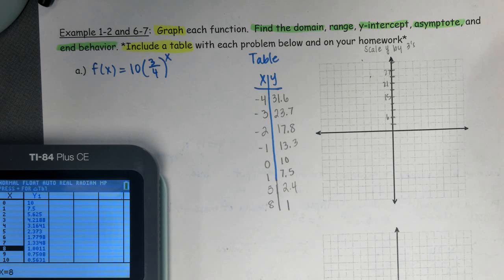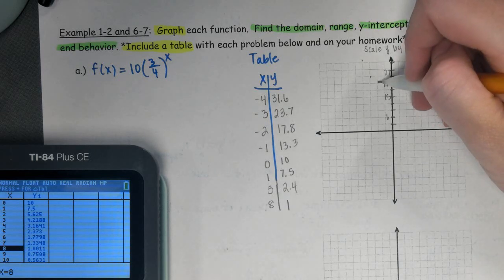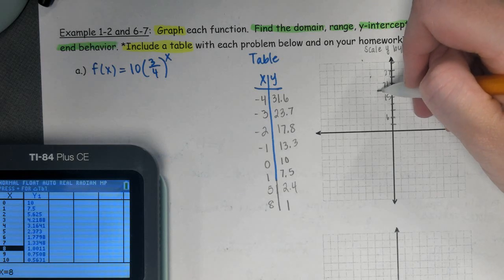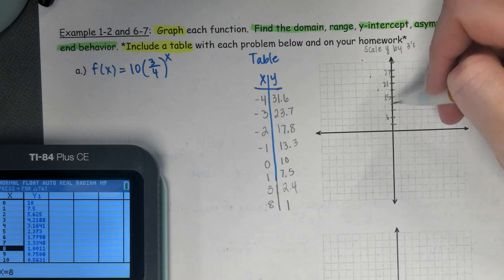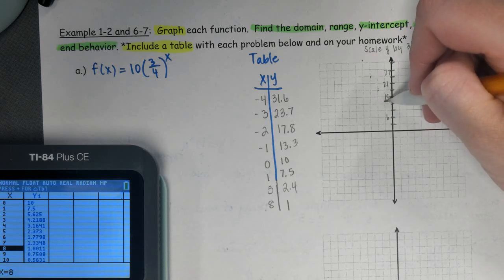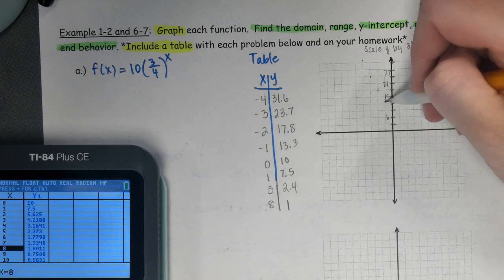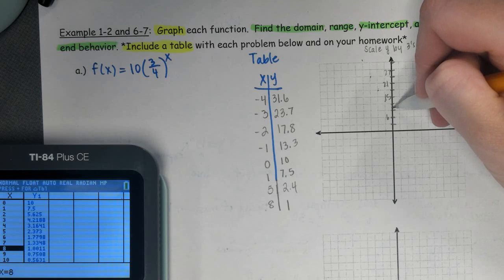close to that 24. At -2, I'm at 17.8. So again, that's really close to 18. Okay, it's an estimation, so I'm going to put it on the 18. At -1, I'm at 13, so that's going to be close to the 12, a little bit above it. At 0, I'm at 10, so if this is 9, 10 will be about there.